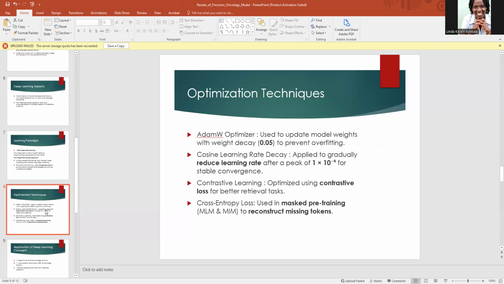During contrastive learning, contrastive loss was used for better retrieval tasks. Cross entropy loss was used in masked pre-training, in the MLM and the MIM, to reconstruct the missing tokens.